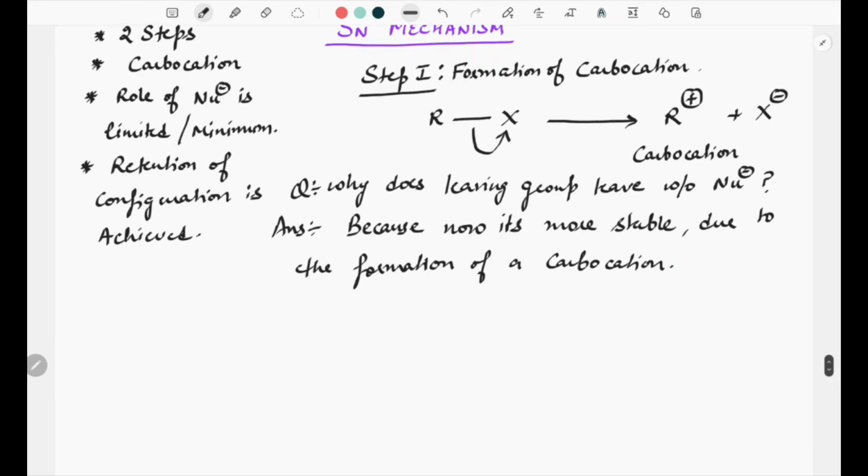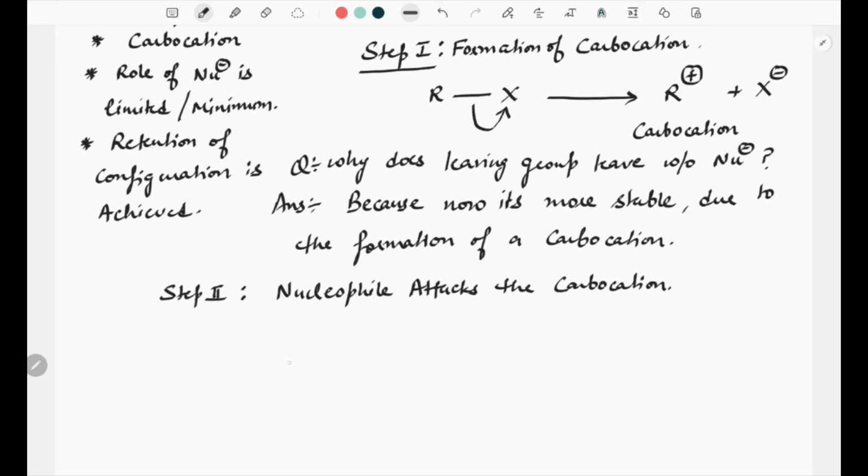So what is the second step in this reaction? Step 2. Now once the carbocation is formed, then the nucleophile attacks the carbocation as shown below.